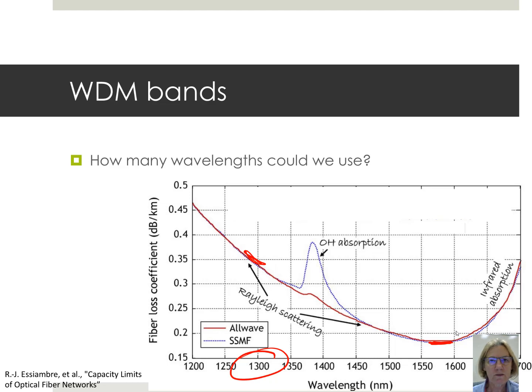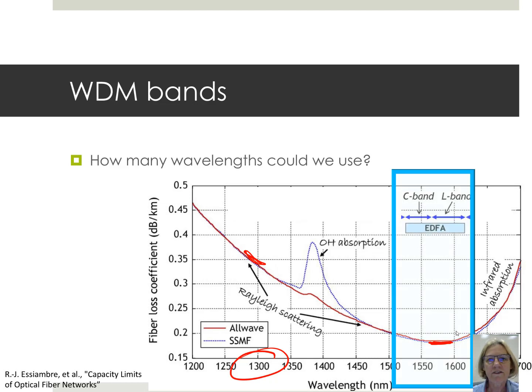But for the long distance communications, we're more likely to see that in what we call the C and the L bands, which are around the 1550 nanometer wavelengths. And it's especially in these bands that we see long distance communications because this is where the EDFA is most effective.